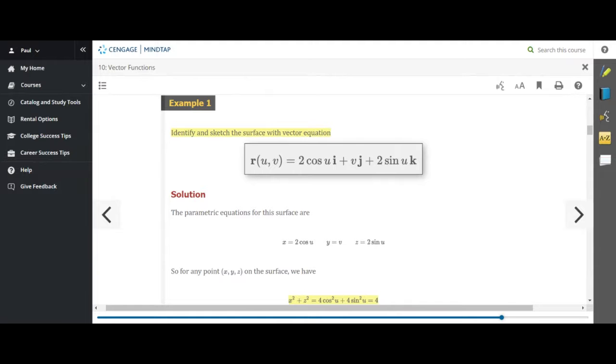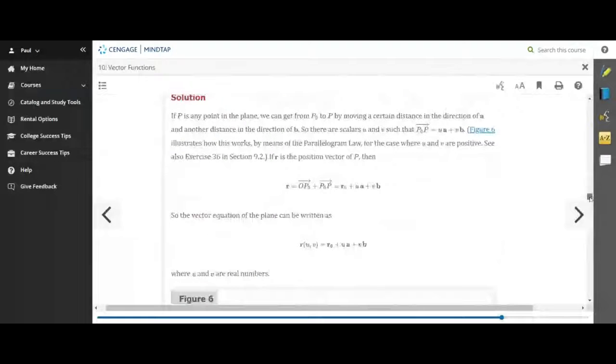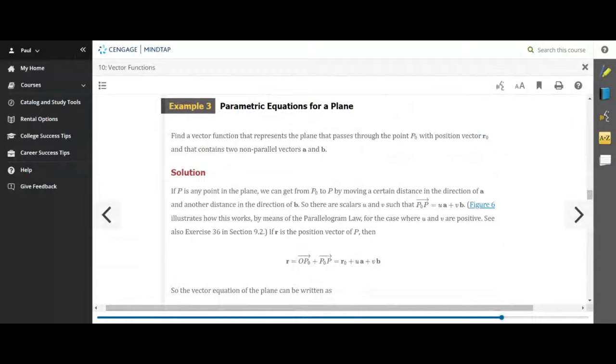Let's look at another example here. Let me go down a little bit. Okay, let's talk about a plane.